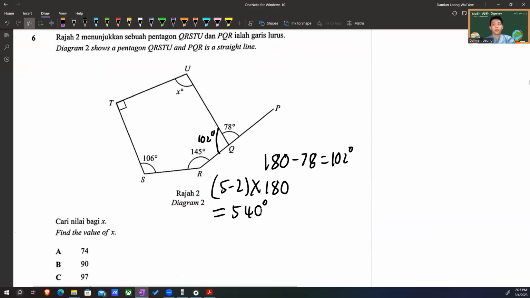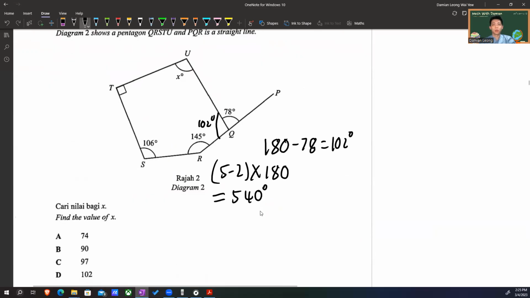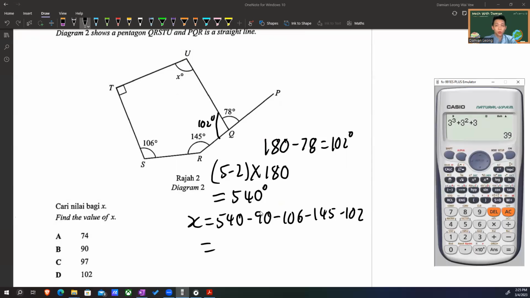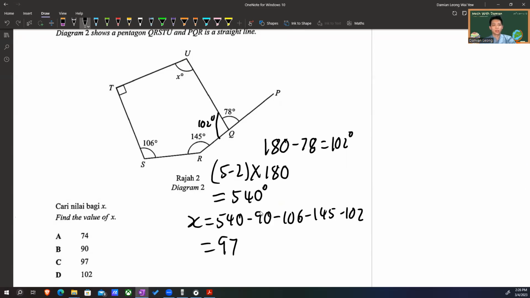To find the value of x, very simple: the total of these 5 angles is 540. So x will be 540 minus 90, minus 106, minus 145, minus 102, which is 97. Answer C.